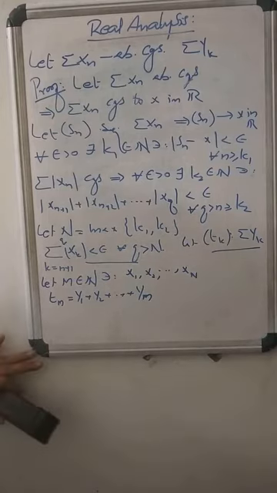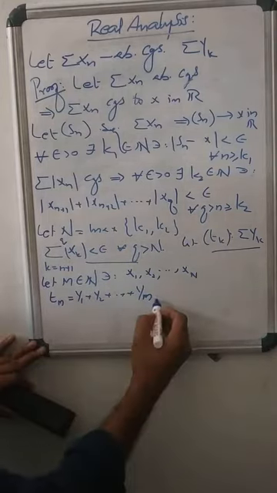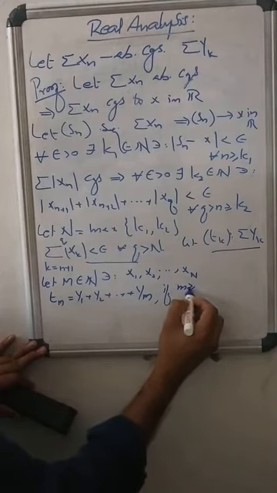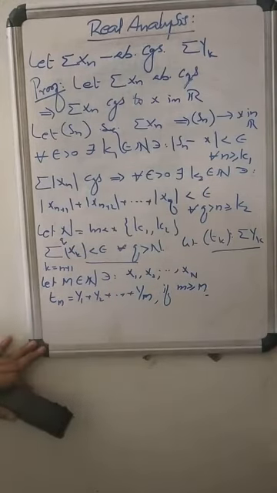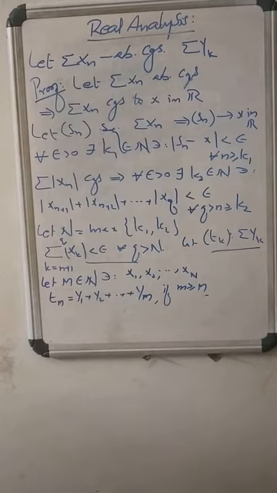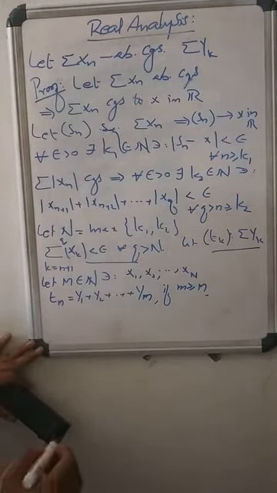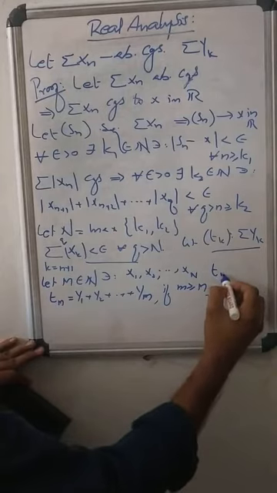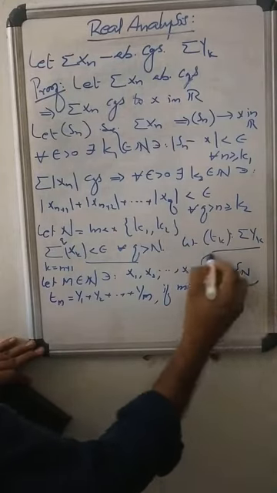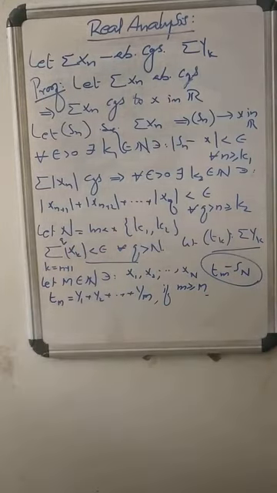Hence, if small m is greater than or equal to M, then Tm minus SN is the sum of a finite number of terms xk, where k is greater than N.